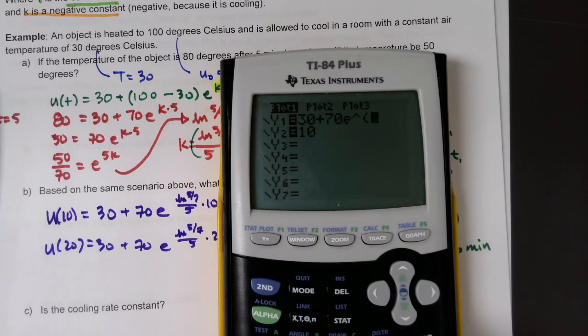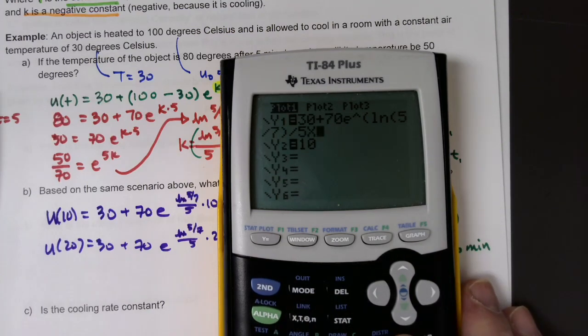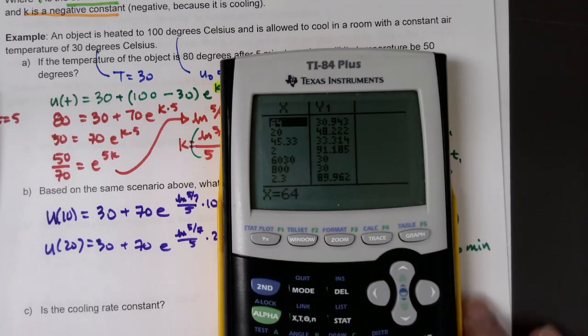First of all, it'll be the natural log of 5 divided by 7, close that parentheses. That gets divided by 5, and then all of that gets multiplied by x. And then close the parentheses on that, clear this out, and I'm just going to jump to our table and clear out some of these.